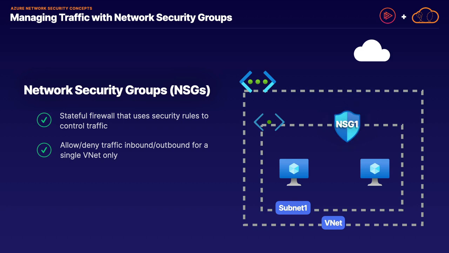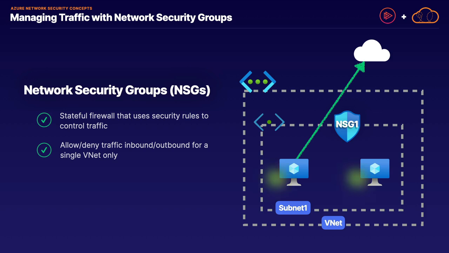Let's say we apply a network security group at the subnet boundary of a subnet inside of our virtual network. When we're doing this, these security rules that are associated with this network security group are going to be used to control traffic. And by default, we have traffic outbound to the internet as one of the default security rules.